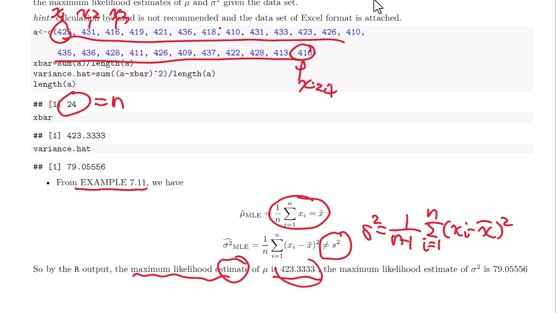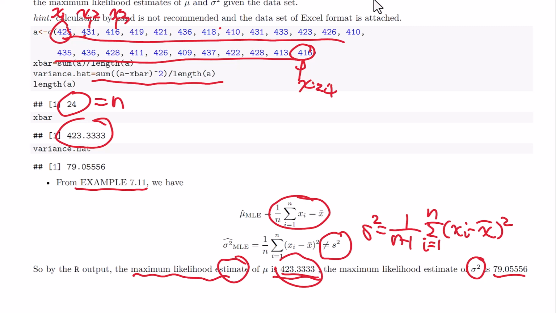That's how you get this number from our code. And then for the estimate of sigma squared, we use this formula. We know x bar is about 423. Then you subtract 423 from each of these 24 numbers, square the deviations, add them together, and divide by 24. That's how we calculate this number, exactly this variance hat.